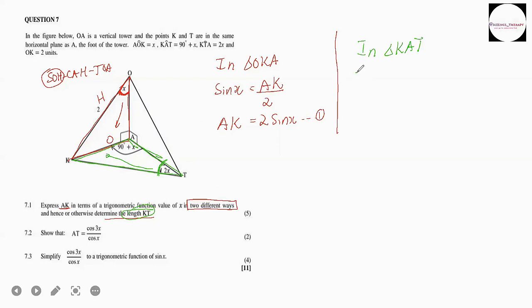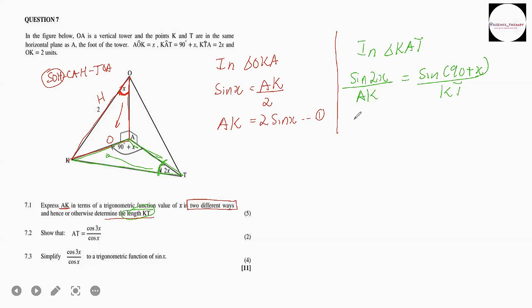So sine 2X over the side that is opposite that angle, which is AK, is equal to sine of 90 plus X over the side opposite that, which is KT.